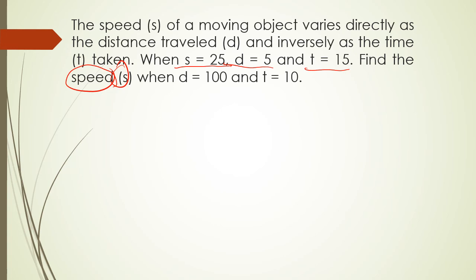So, first step is always find the equation. So, the speed S of a moving object varies directly. So, maglagay ka na agad ng K as the distance travel. So, that is direct and then merong inverse, and inversely as the time taken. So, yan ay magiging equation natin. Then, substitute S is equal to 25.